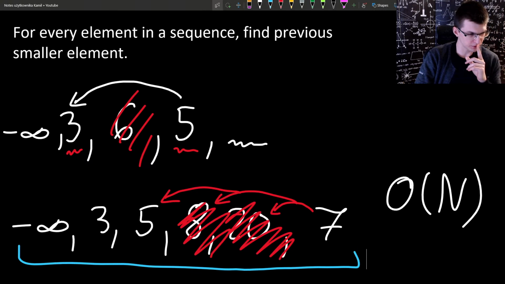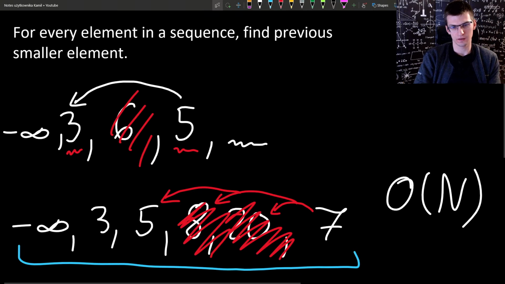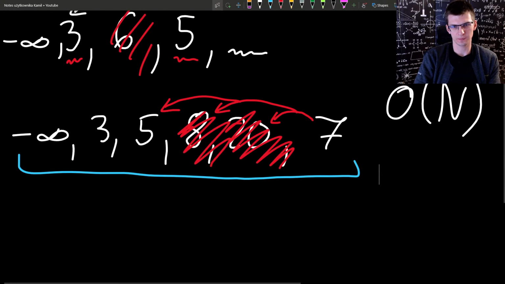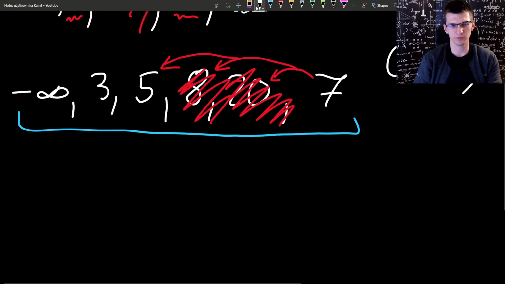I don't know if I want to go into that because it will take me another 20 minutes. Or should we move to the next problem? Because while we remove this like that, let's try to be brief here.